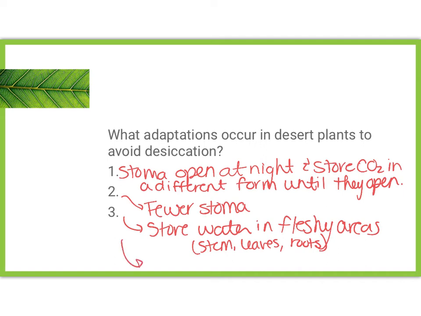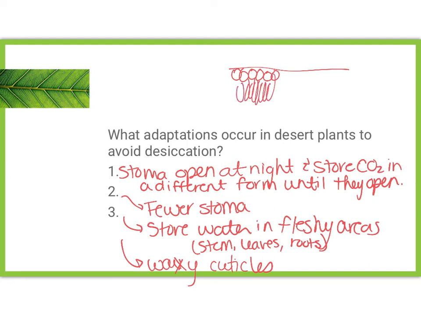They can also have waxy cuticles. So remember, the cuticle is the top layer. Then there's the epidermal cells, and then there's the palisade cells, and those ones are really tightly packed, and those are the site of chlorophyll. Then below that, there's the spongy mesophyll cells, and they're quite spaced out.